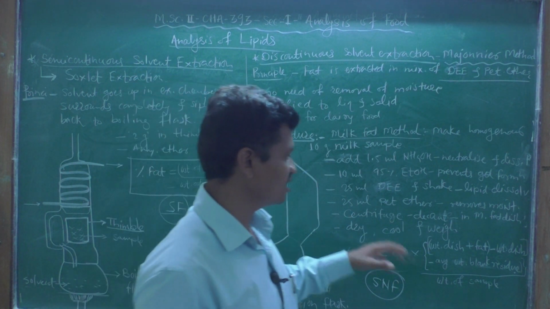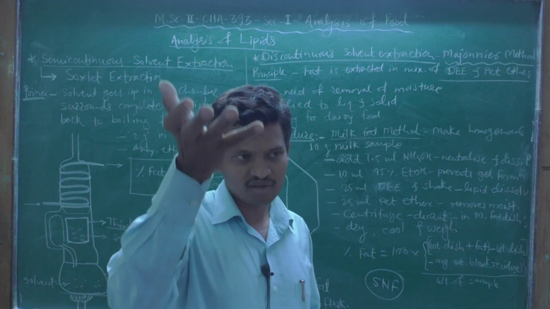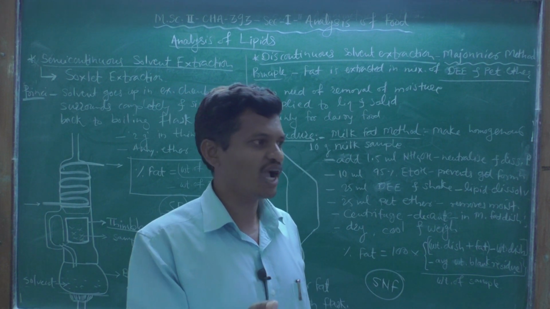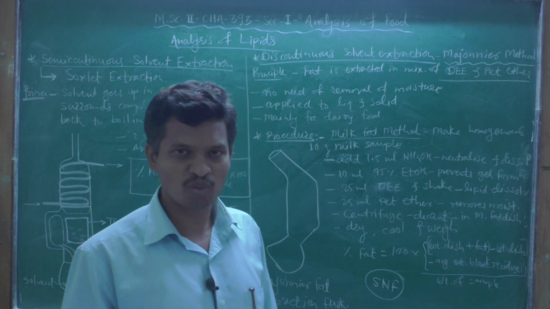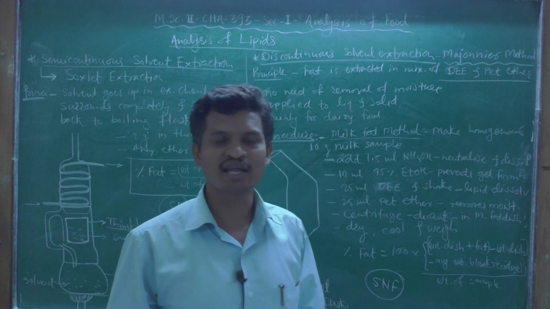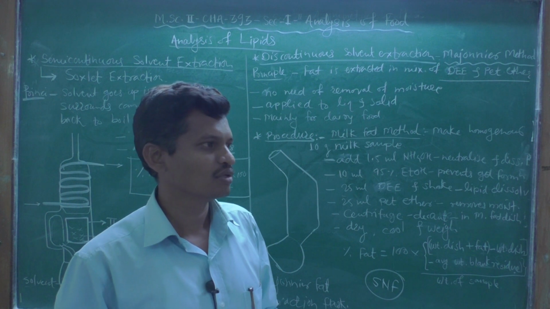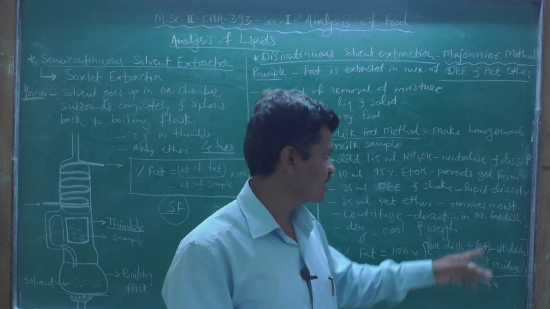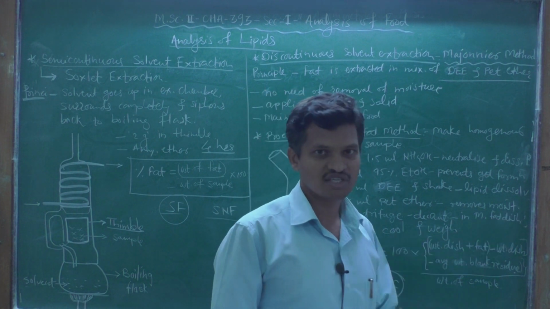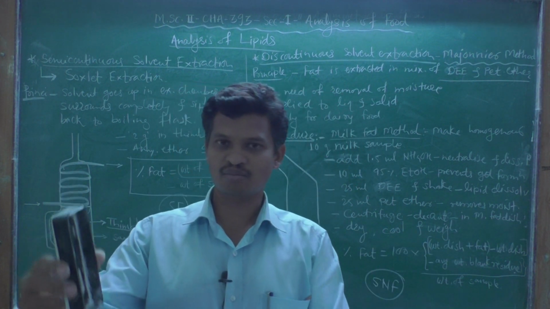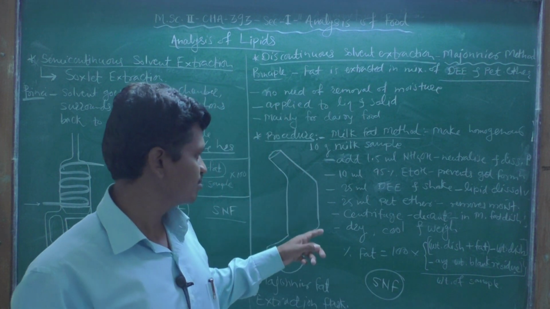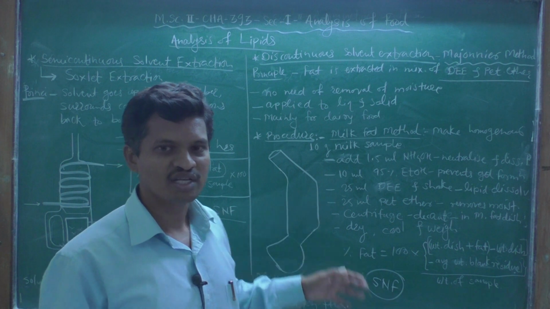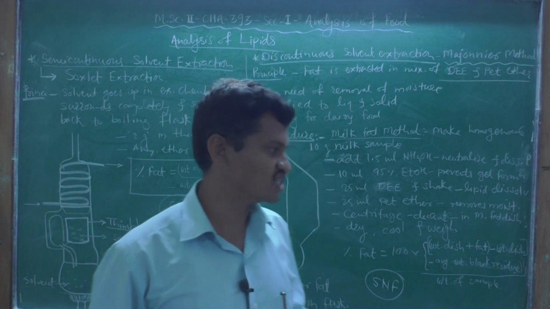The supernatant solution of that centrifuge will have our solvents, that is a mixture of diethyl ether and petroleum ether. Then decant this solution, our solvent, in a Mojonnier's fat dish.